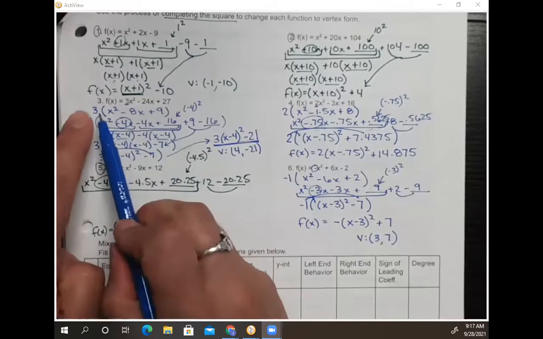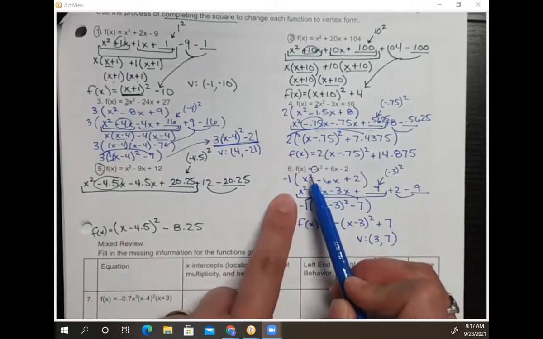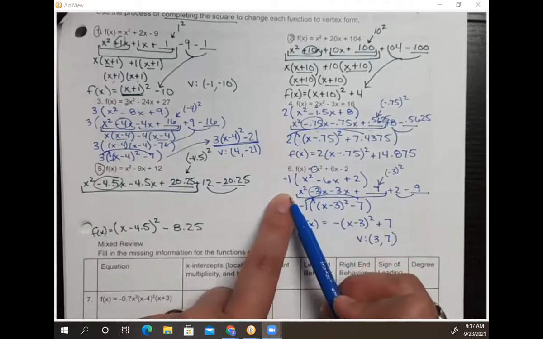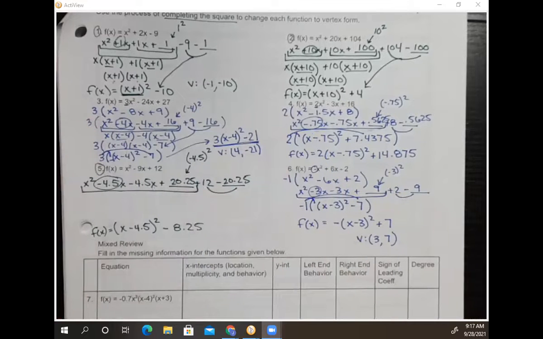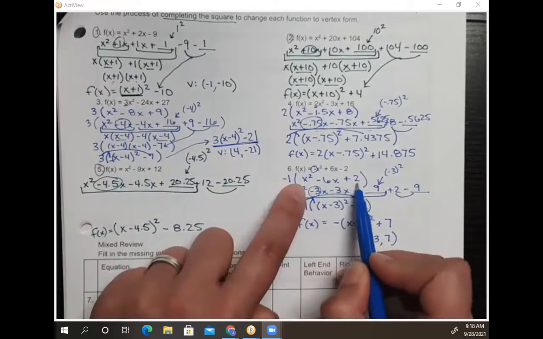Okay, so we did it here when it was 3 and here when it was 2. Here, I know it doesn't look like anything special because it's just the negative, but I still have to factor that out the same way I did when I pulled out the 2 and when I pulled out the 3. Does that make sense? I have to change the sign of all things. Yeah, when you pull out the negative, all the signs change here.